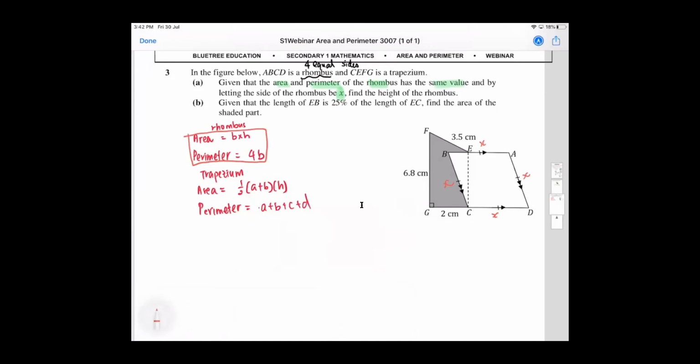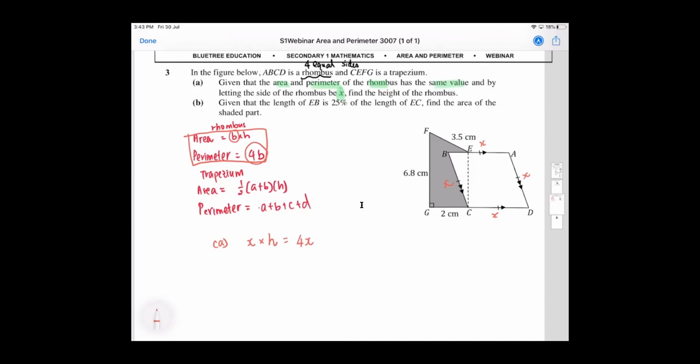So if I let one side be x, all the four sides are equal. So the base has to be x as well. So the area, the base is x, times h, the height. Base times the height must be equal to 4 times x, the perimeter.